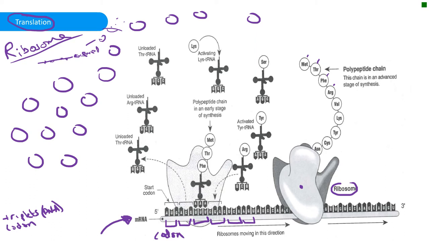And they're all represented by these three letters: phenylalanine, arginine, valine, lysine, cysteine, whatever. But they are our ingredients to our cake. They are the building blocks of protein, amino acids.